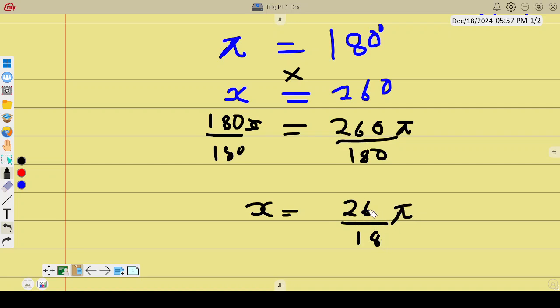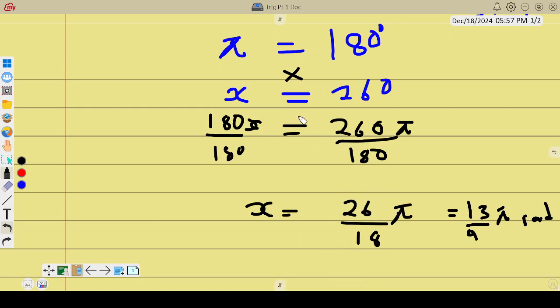Then you can simplify further by dividing throughout by 2. We're going to have 13 over 9 pi. Pi rad for radians. So this is how you go about it. Are we confused? I hope not.